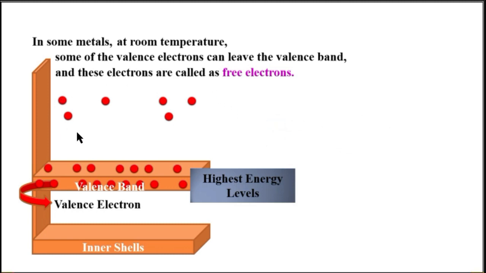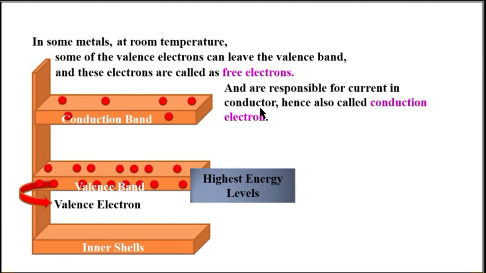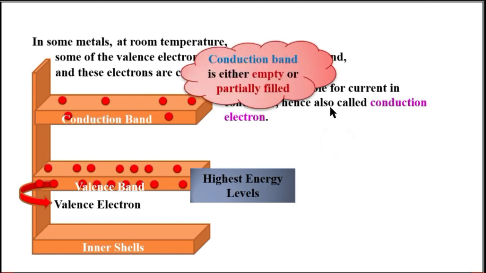Hence, these electrons are also known as conduction electrons. The band where these electrons are present is known as the conduction band. This conduction band can be either empty or partially filled.